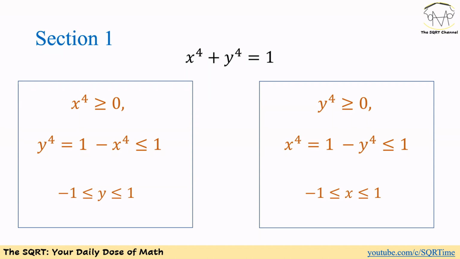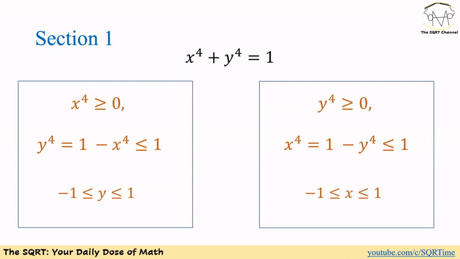We can write y to the power of 4 as 1 minus x to the power of 4. Since x to the power of 4 is a positive number, then 1 minus x to the power of 4 is going to be less than or equal to 1. And this means that y is between negative 1 and positive 1, including those numbers.